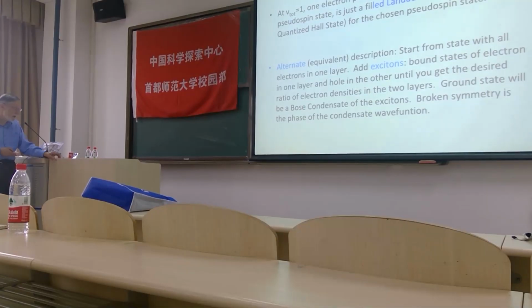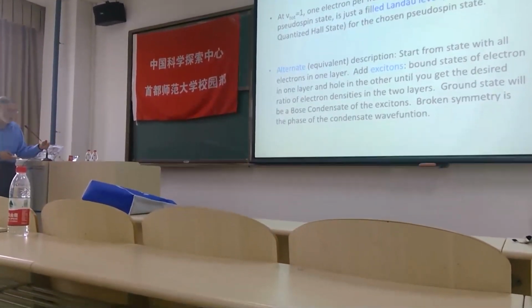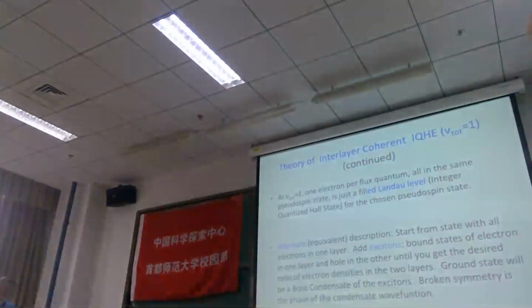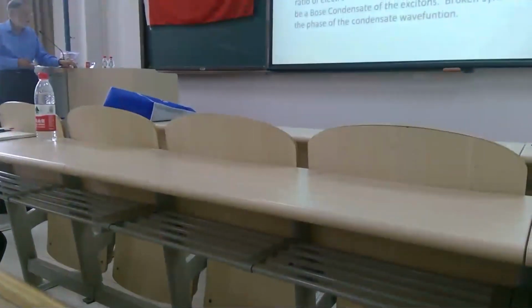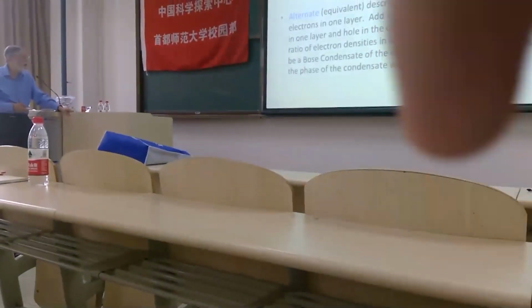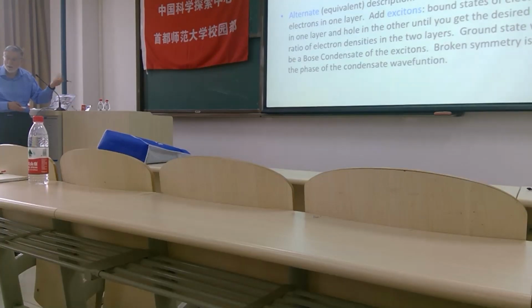If you have 50% in each layer, then the Bloch vector is someplace in the xy plane. It doesn't matter where in the xy plane, so you have this degree of freedom. You can think about this as a Bose condensation of excitons, where you have pairs of an electron in the bottom layer and a hole in the top layer, and vice versa.